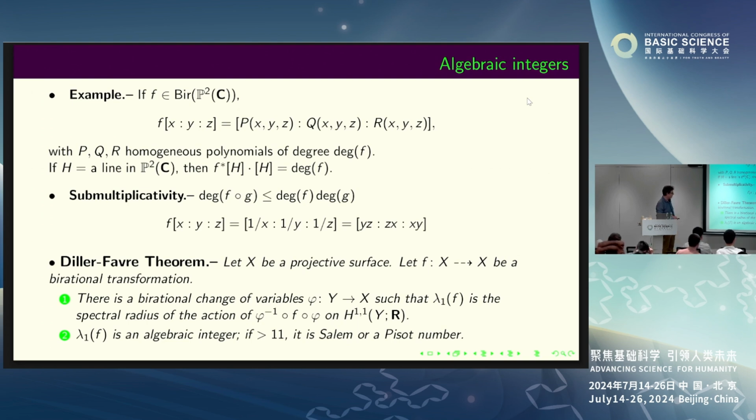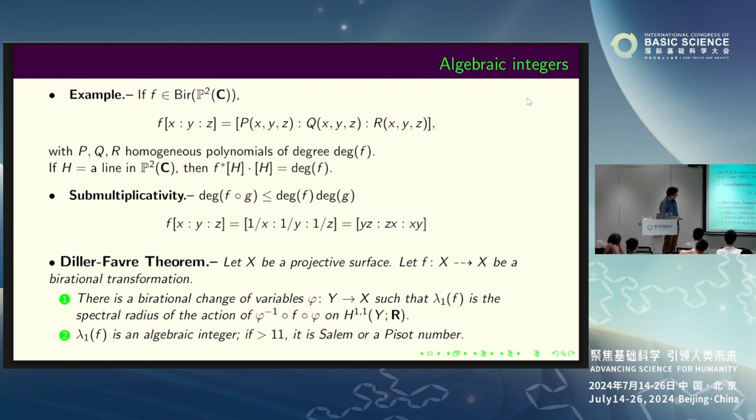You get a new surface Y and a birational morphism from Y to X, such that when you conjugate f with phi to get a birational transformation of Y, the action on the cohomology behaves well. So the action of the nth iterate of f is the nth iterate of the action of f on cohomology. So you multiply matrices, and lambda 1 of f becomes the spectral radius of the action of this matrix on H^{1,1} of this new surface.